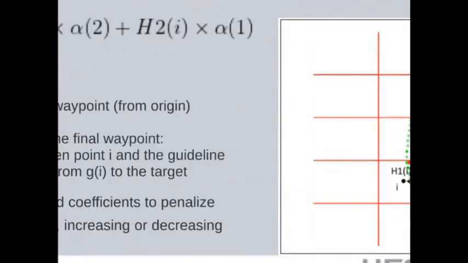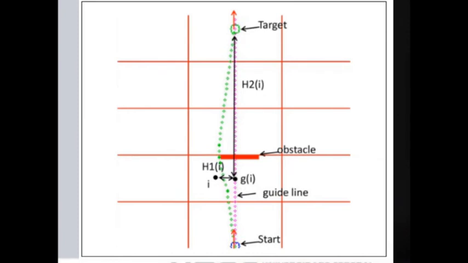If you understand now with the image, the target here, the g is the total cost from the origin, so from here to here, and then the h is the a1 lateral, and the a2 is the longitudinal.